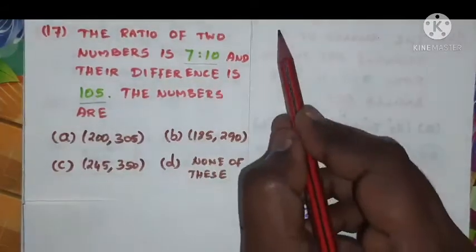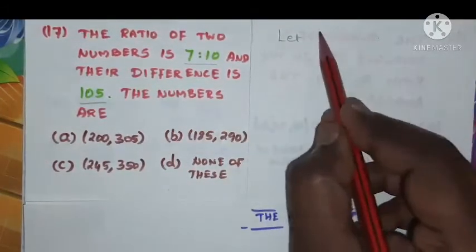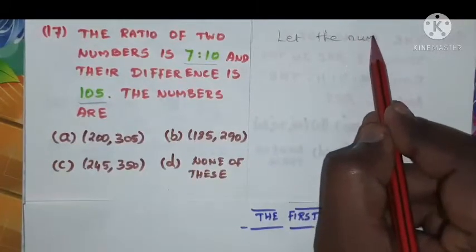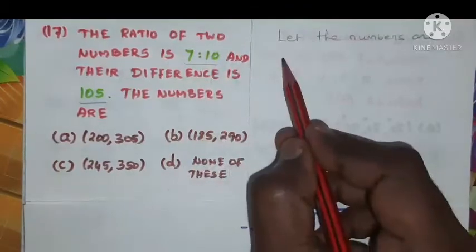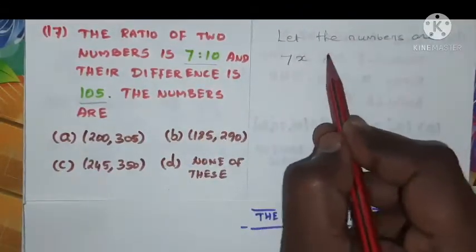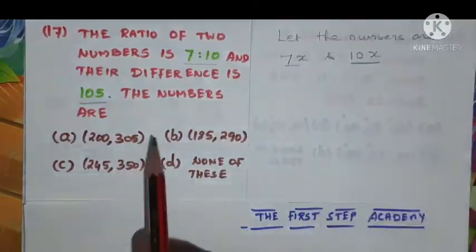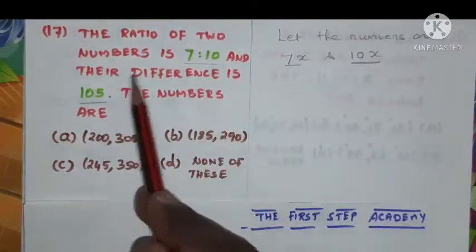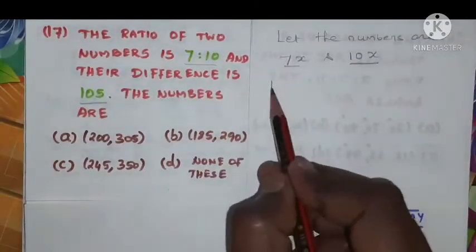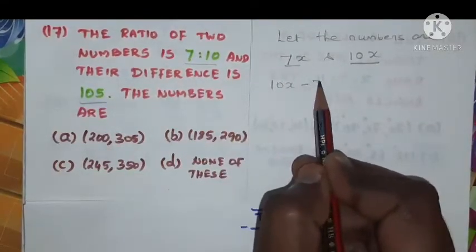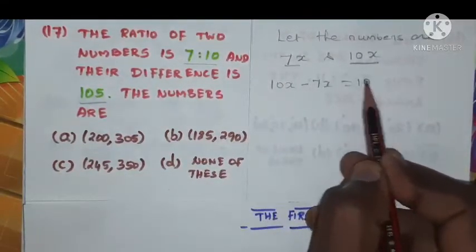Let the numbers be, according to the ratio, 7x and 10x. Now look out there, their difference is 105. Hence 10x minus 7x is equal to 105.